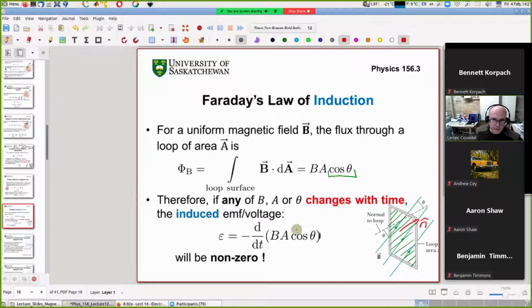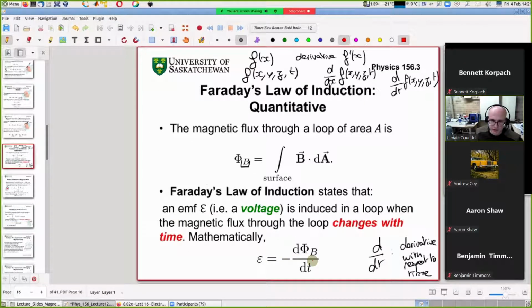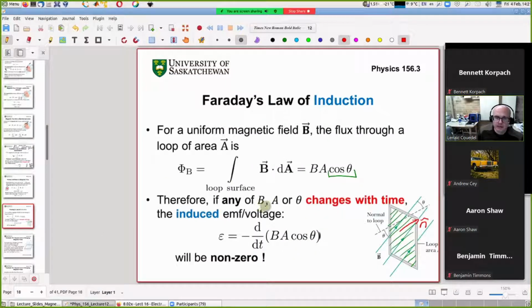So therefore, for Lenz's law, which was given here, the derivative with respect to time of the magnetic flux, what does it mean? If your magnetic field changes with time, or the area changes with time, or the angle changes with time, then you will induce an electromotive force or a voltage on the loop. The magnetic field can change with time if it's induced by a solenoid, for example, in which you have a changing current.